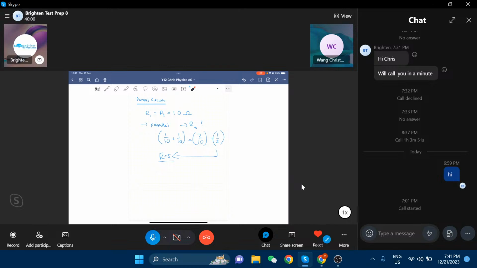So once more, if we can just do that mental math, so to speak. If you have four 10 ohm resistors, what is the total resistance if they're in parallel? So each of the four resistors has 10 ohms, and you connect them in parallel again.